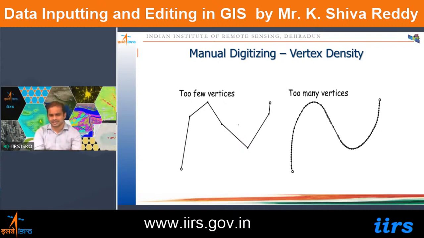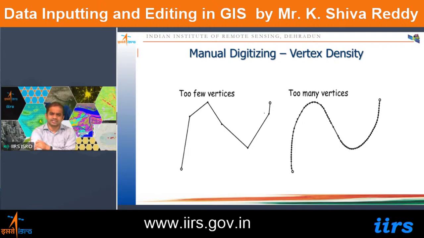But it will take less memory, so file size and everything will be less. At the same time, we can have a separate type of operator who is very interested in digitization, and is digitizing and making points very near each other. Though the shape will be good, the overall size of this linear feature will increase. So there are storage and other problems, and of course it will take more time.